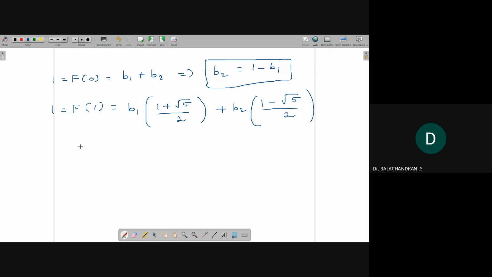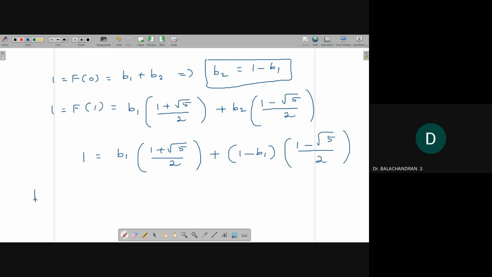So now from this, 1 is equal to b1 into (1 plus root 5 by 2) plus b2, which is 1 minus b1, into (1 minus root 5 by 2).